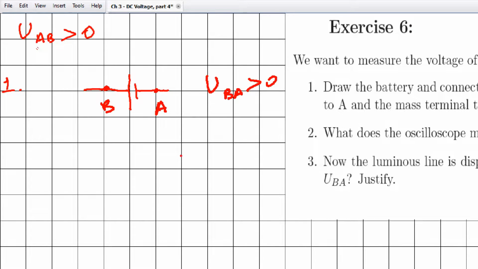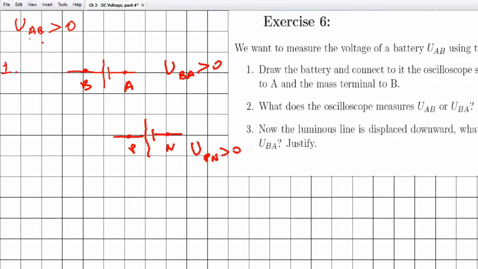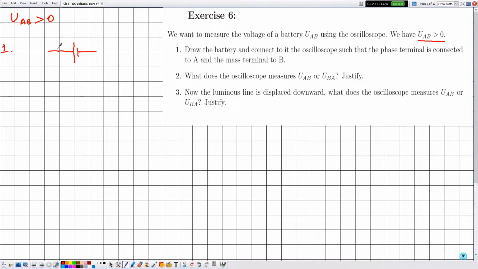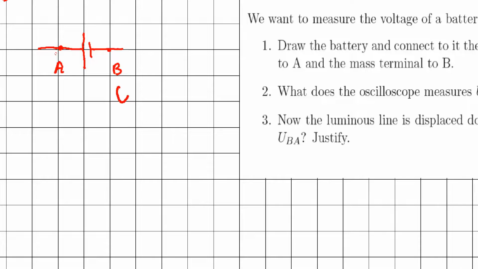Remember that in the beginning of the chapter we said that if this is P and this is N, then UPN is positive. Here it's exactly the same. We measure from the positive pole, which is B, to the negative pole, which is A, so UBA is positive. But what we require is that UAB is positive. So for this reason, this point will represent the point A and this point will represent the point B, because in this case UAB is positive.